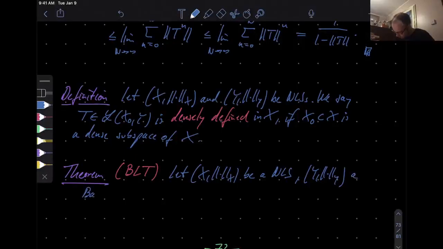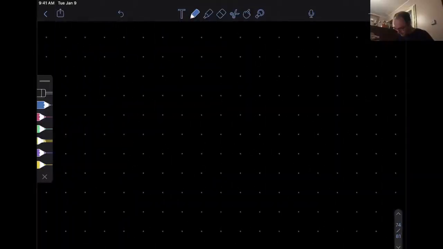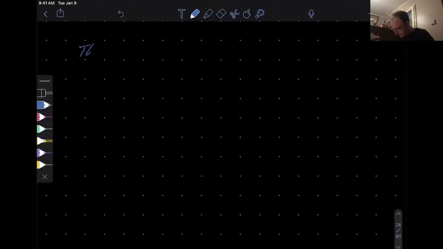Let T from X naught to Y be densely defined in X. Okay, and what's the statement? Well, there exists a continuation with certain properties.